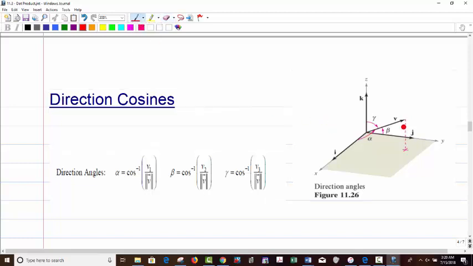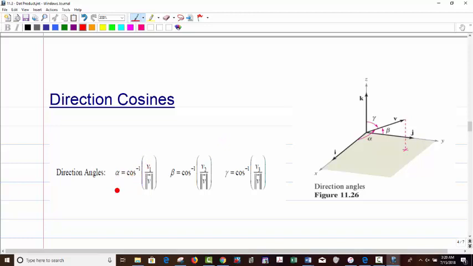But so here's your vector v. You see it comes up, and you see where it would be hitting on the xy plane if we brought it straight down that way. Now the first direction cosine, actually we're finding the angle. So cosine of alpha equals this ratio right here.